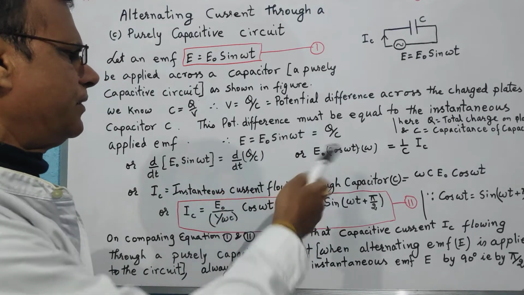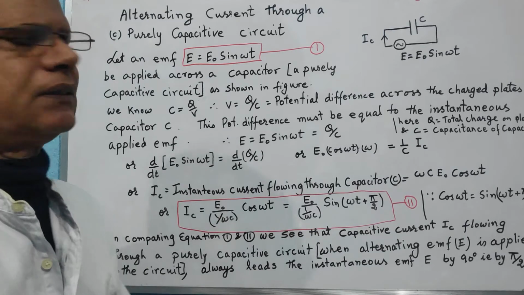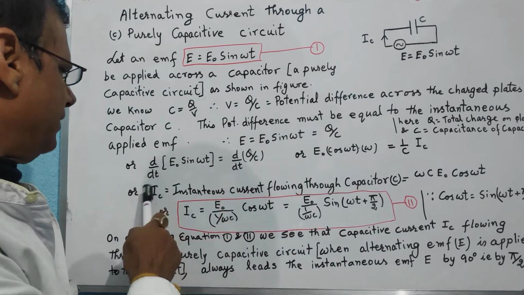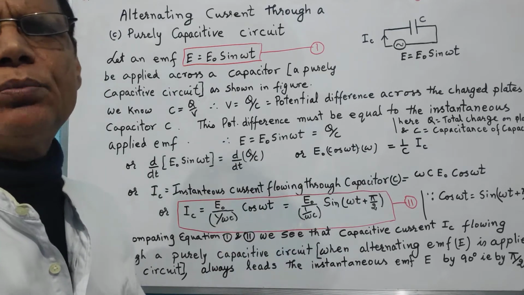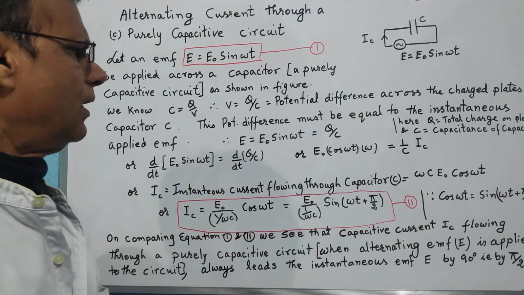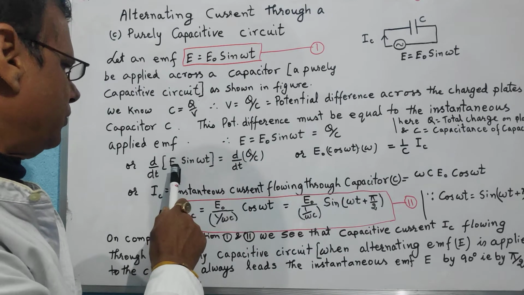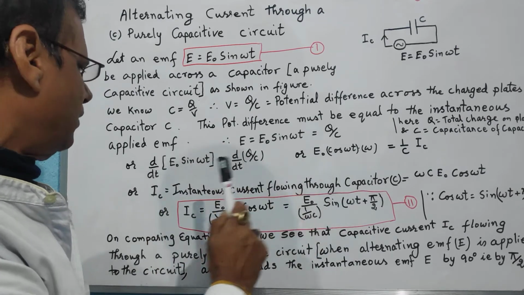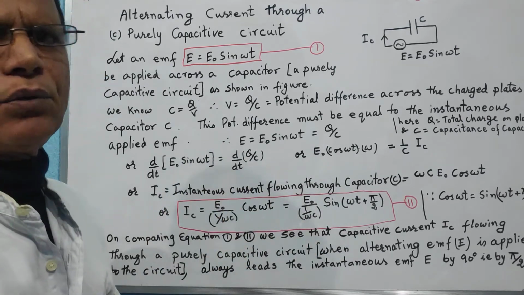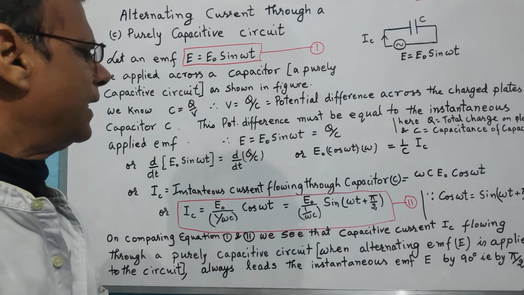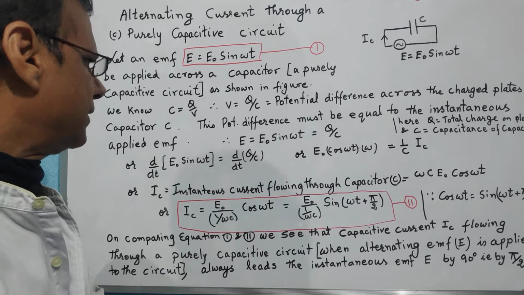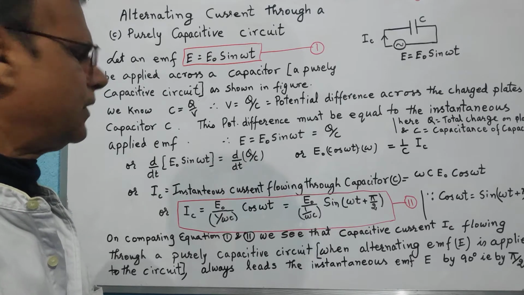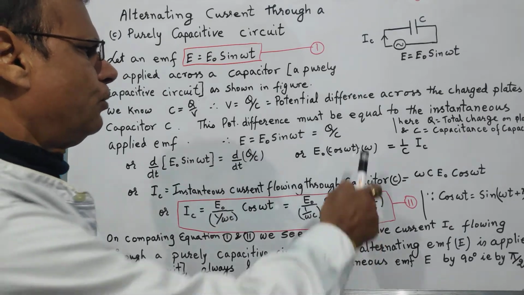Now if we differentiate both sides with respect to time, we have d by dt of E0 sin omega t equal to d by dt of Q by C. From this differentiation, E0 is constant, so that will stay outside. When you differentiate sin omega t with respect to omega t, you have cos omega t, and then you further differentiate omega t with respect to t, you get omega.